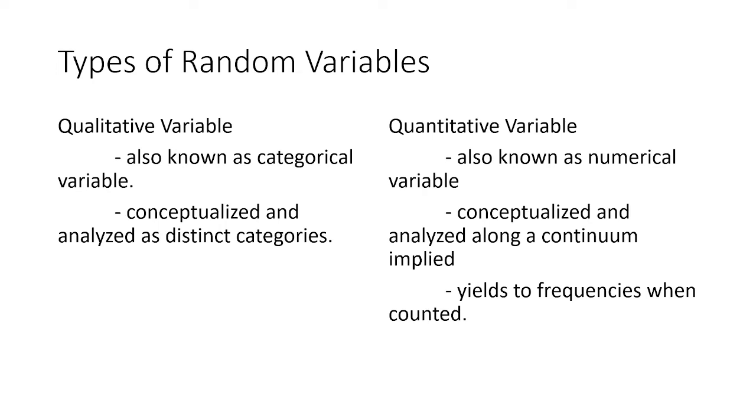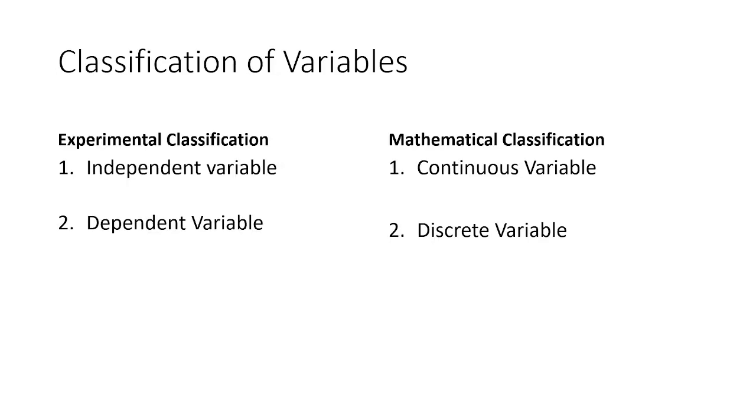next to that is another type or classification of variables, which are experimental and mathematical classification. So for experimental, it's more on nagdi-deal to dun sa pagka-classify natin ng variable kung paano natin siya tinitreat sa isang experiment.